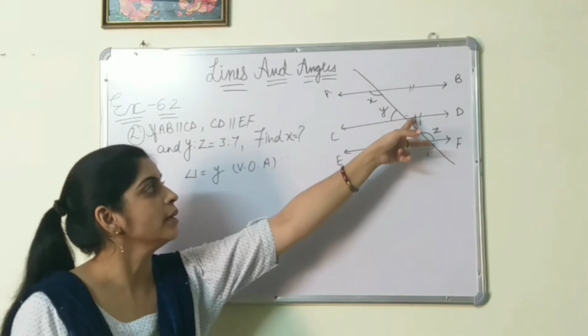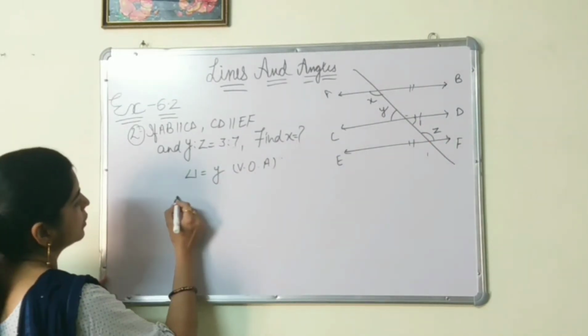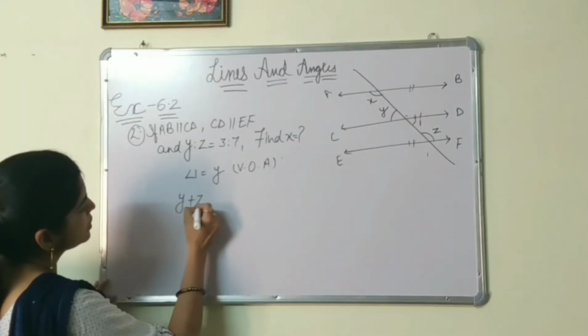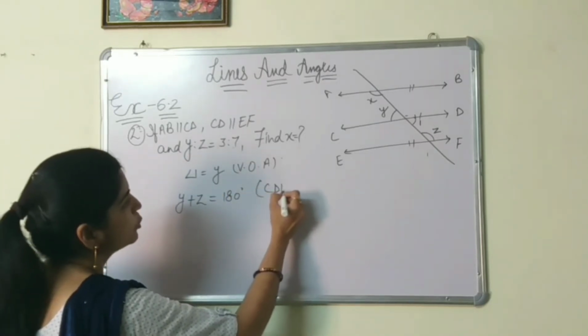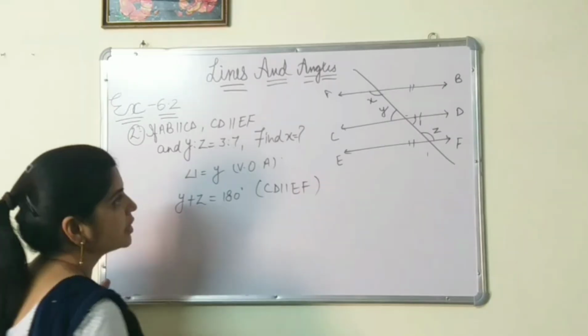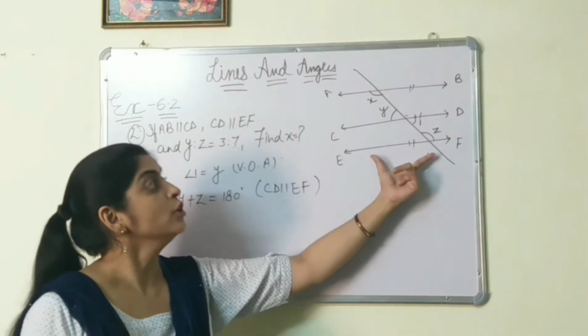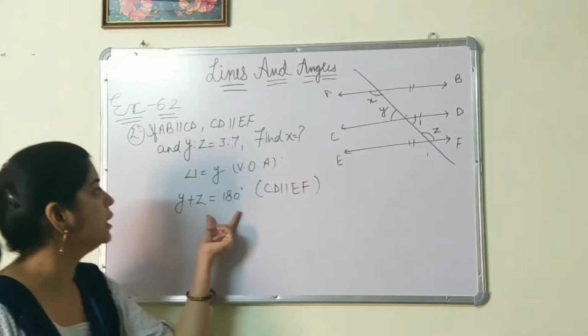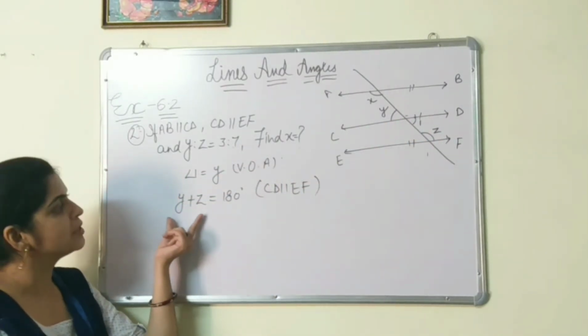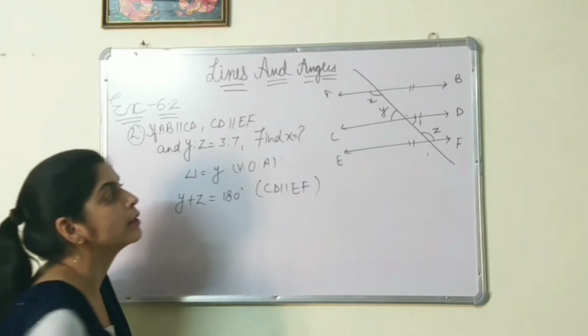So we can say that angle y plus z equals 180 because CD is parallel to EF. So the sum of same side interior angles will be equal to 180. So angle y plus z will be equal to 180 degree.